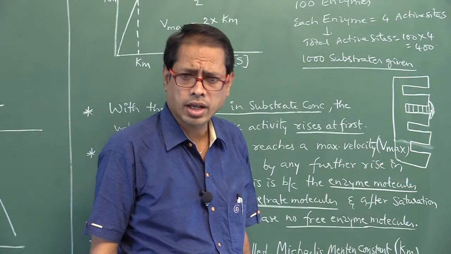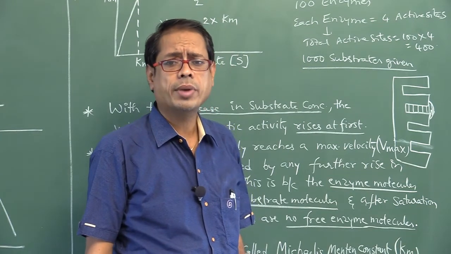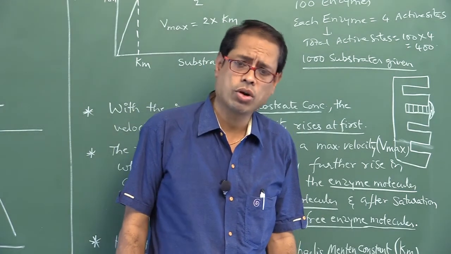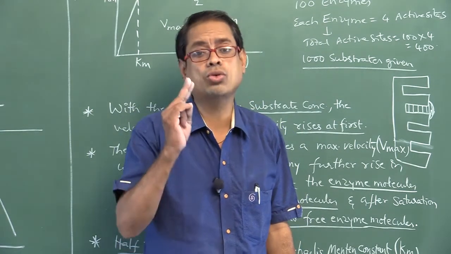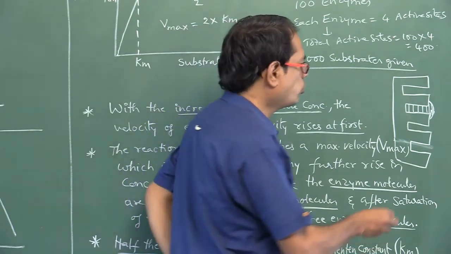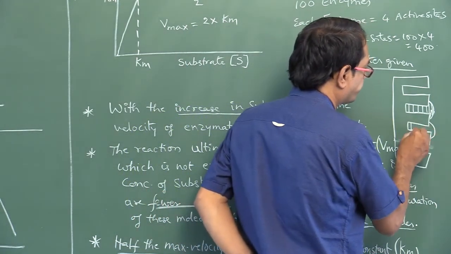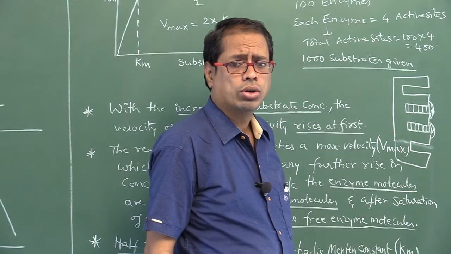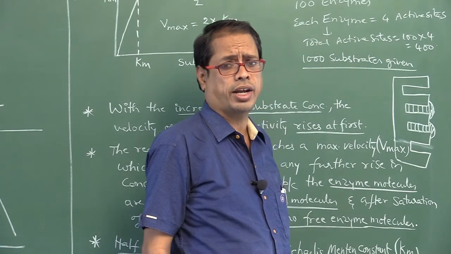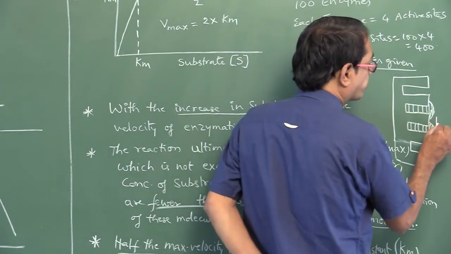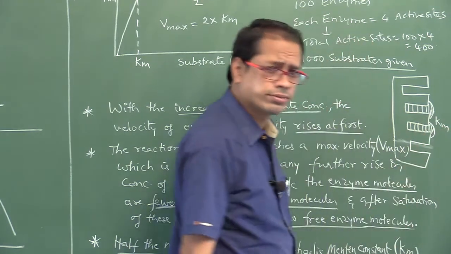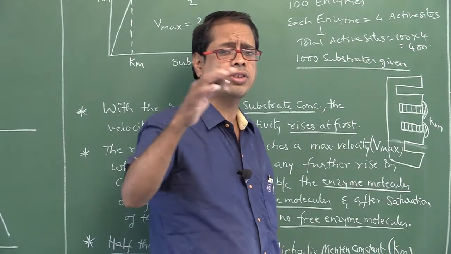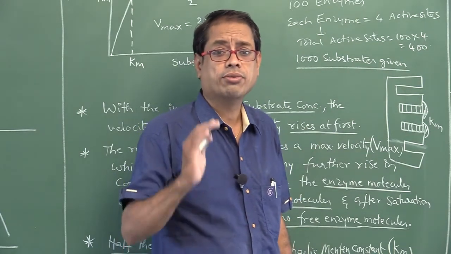Can it be called the Michaelis-Menten constant? No. Why? Because here there are 4 active sites, so the maximum is 4. Half of the maximum is 2, no? So if 2 substrates are attached to 2 active sites out of 4, it will be called the Km value. If substrates are attached to all 4 active sites, it should be called Vmax.